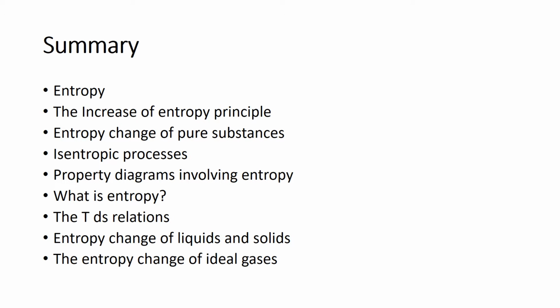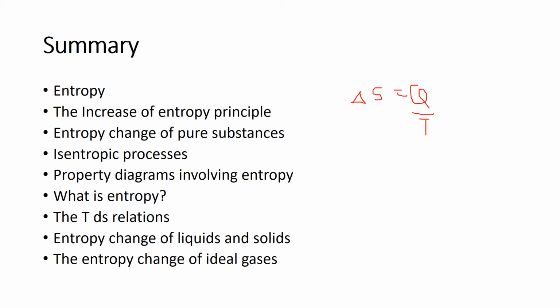You also learned that for an internally reversible and isothermal process, delta S is equal to q by T0. This relation, delta S equals q by T, is valid only for an internally reversible process.